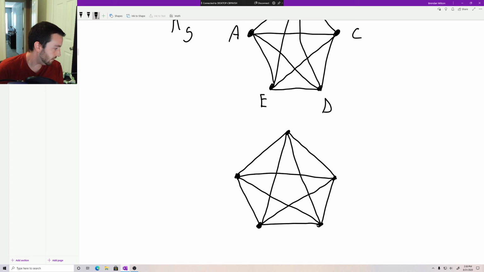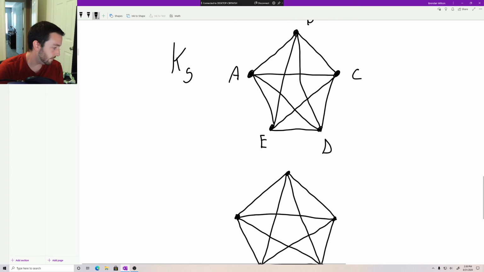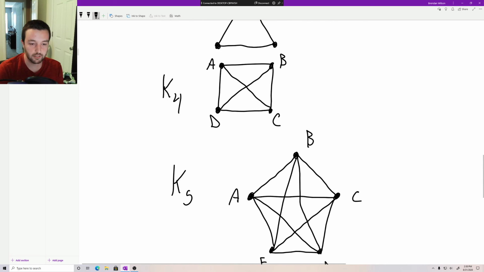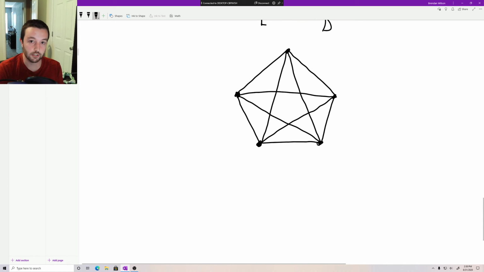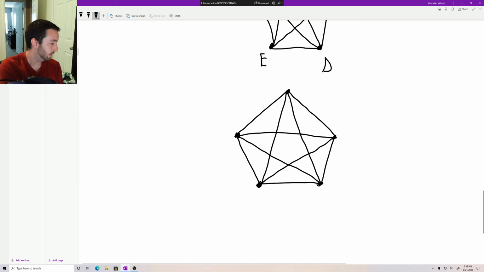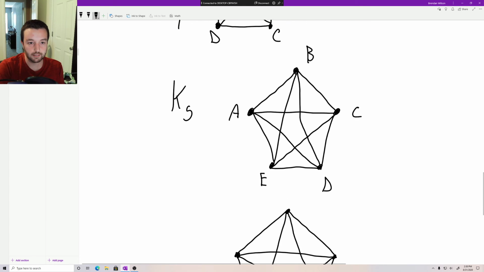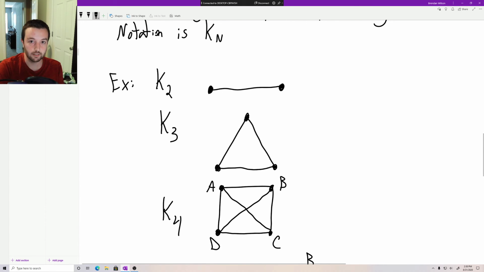So one thing that the book notes, which will tie into some of our theorems later, is that complete graphs cannot have Hamiltonian circuits. Okay. It could possibly have a path, but it cannot have a Hamiltonian circuit.